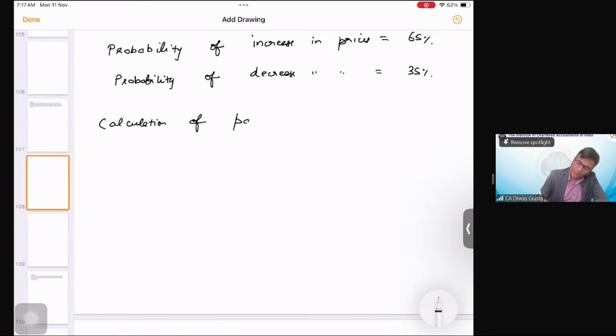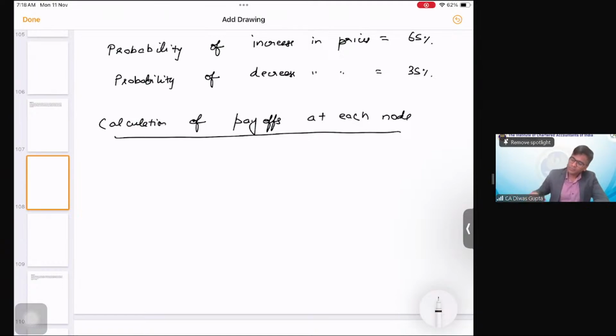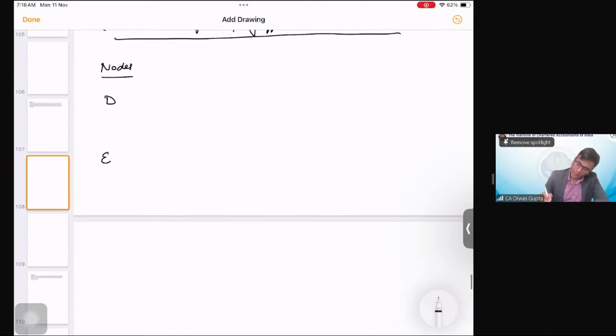Okay, so hence, if we want to calculate the payoffs, so we'll write that calculation of payoffs at each node. Nodes are D, E, and F. Expected price is 72, 48, and 32. 72, 48, and 32.